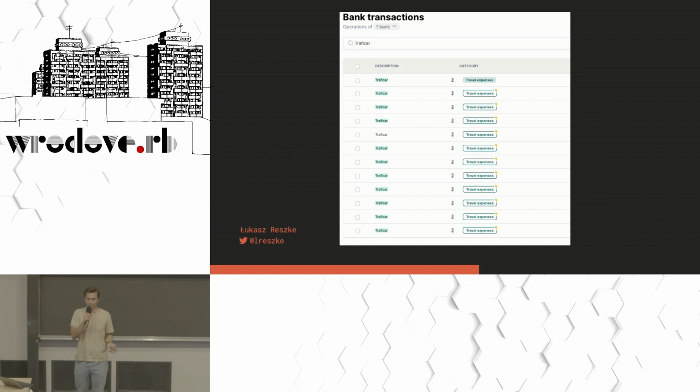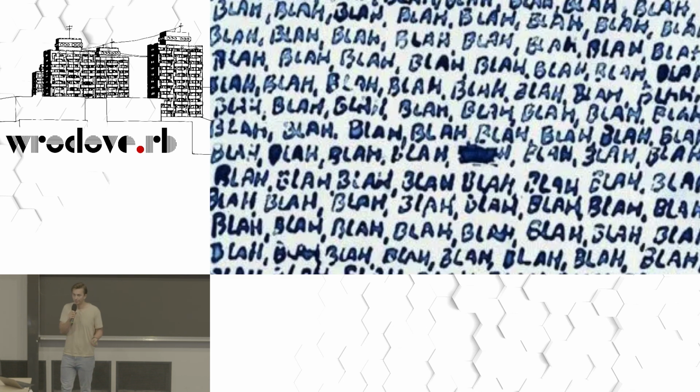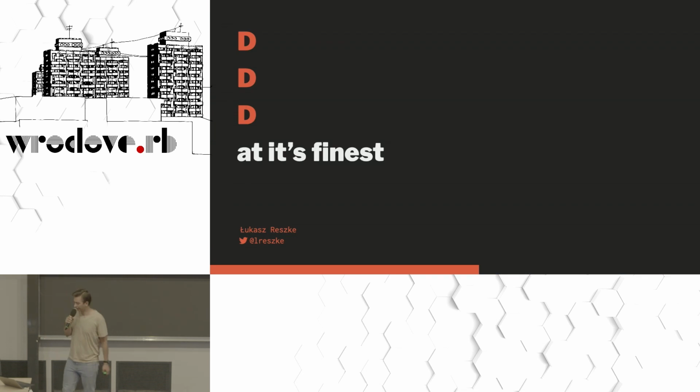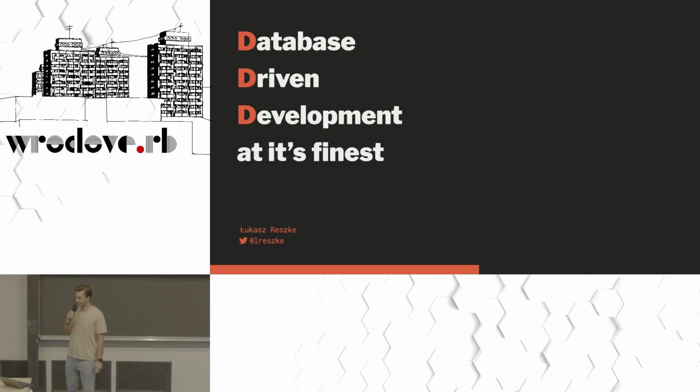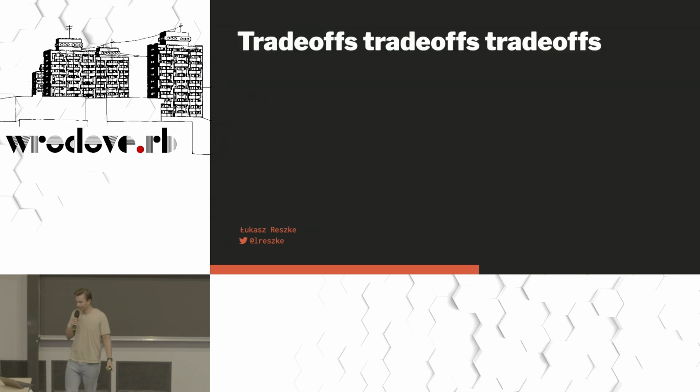So it was asynchronous. And the model was very flexible because, well, it's just a simple database model, right? It doesn't protect you from breaking any rules. It's just a blank sheet of paper where you can basically write anything, and it will accept it. So it's DDD at its finest, database-driven development, of course. And yeah, I told you already, trade-offs.